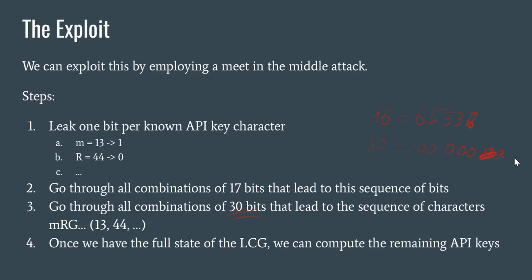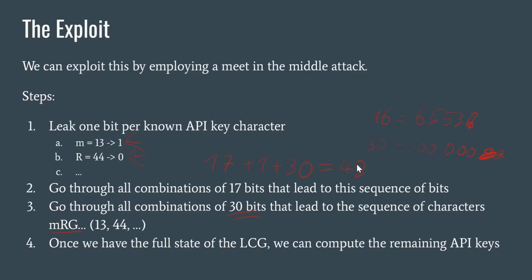It's 500 million, sorry. So we go through all possible 30 bits and then check if actually this sequence of numbers would come out, like 13 for the M, 44 for the R, and so on and so forth. And then we just combine the correct 17 bits with the correct known bits that were directly leaked with the correct upper bits, and we have found our 48-bit internal state of the LCG.